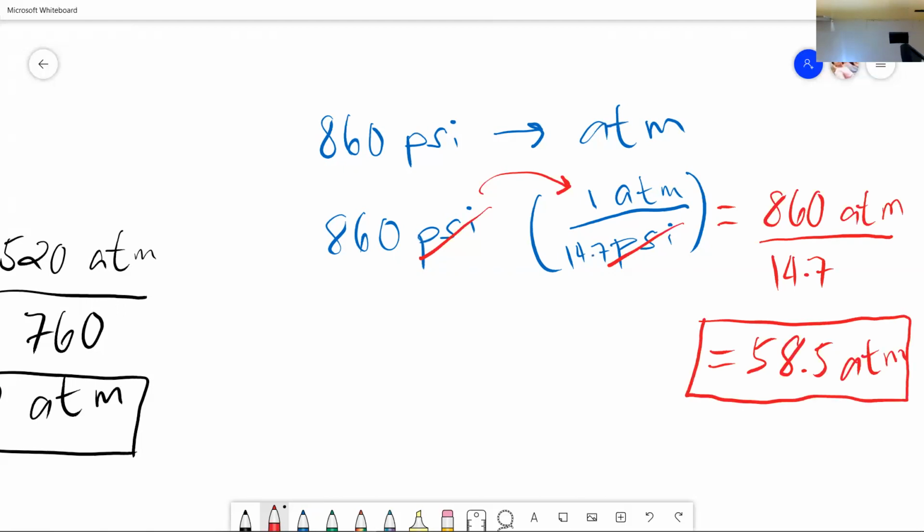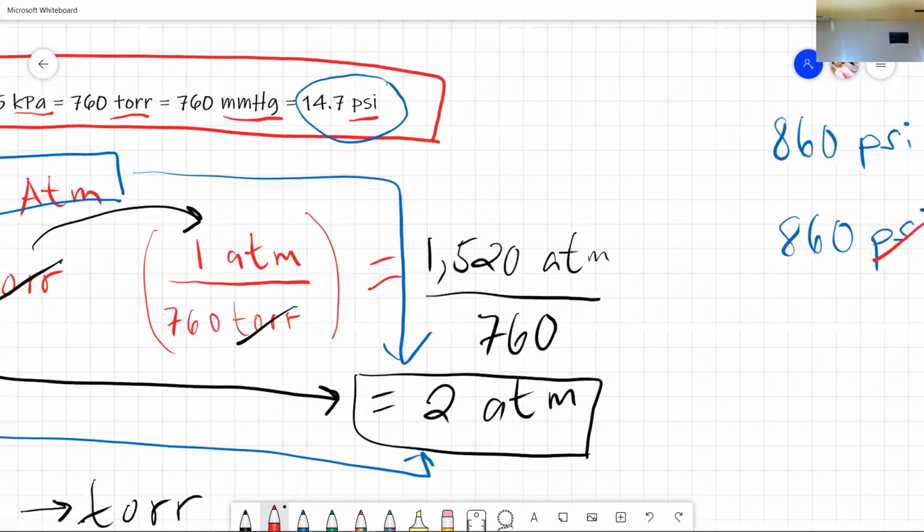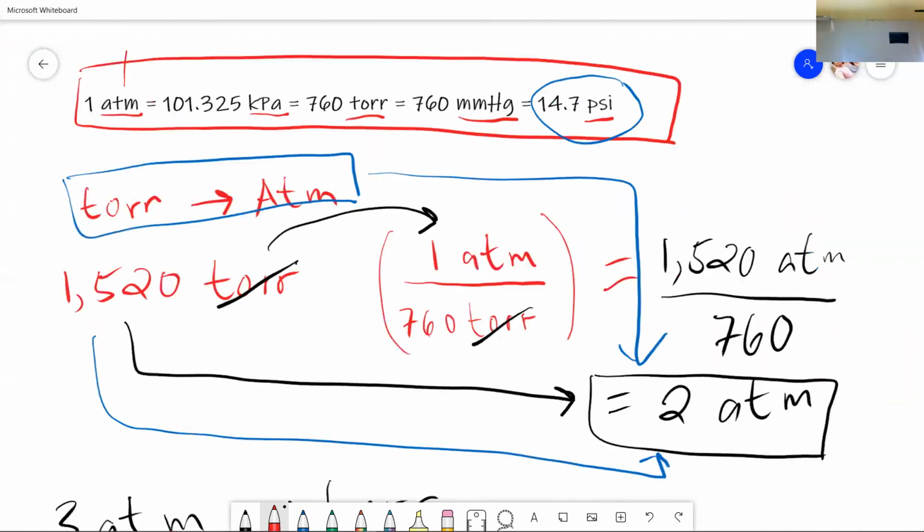Therefore, in 860 psi, there are 58.5 ATM. In one ATM, there are 14.7 psi. That's how to convert, and the same with the other units.